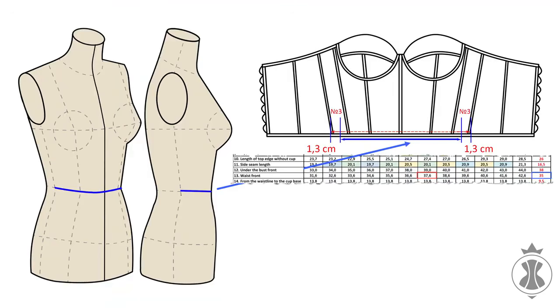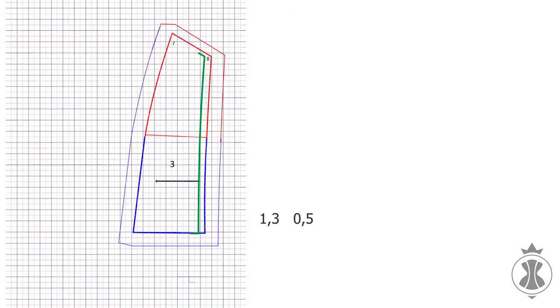According to the calculation, the detail must be reduced by 1.3 centimeters along the waistline. But we have reduced it by 0.5 centimeters, so we still have to reduce it by 0.8 centimeters along the waistline.